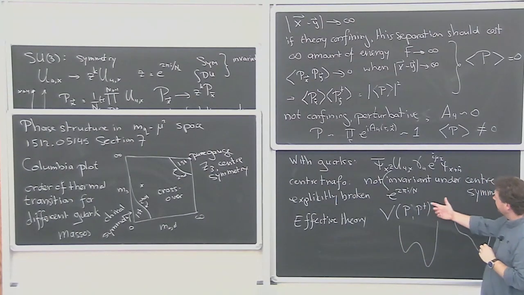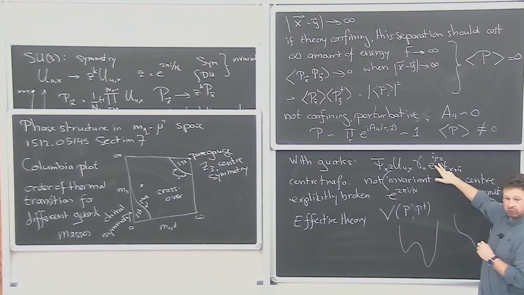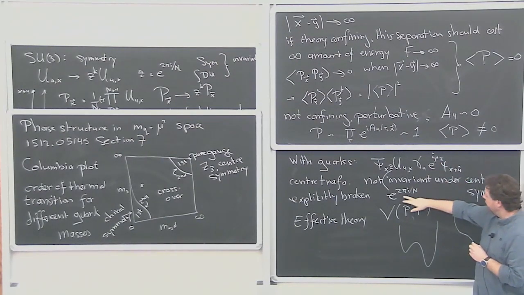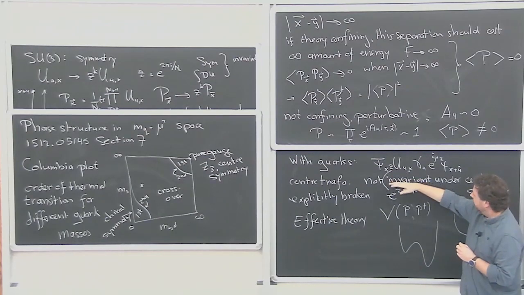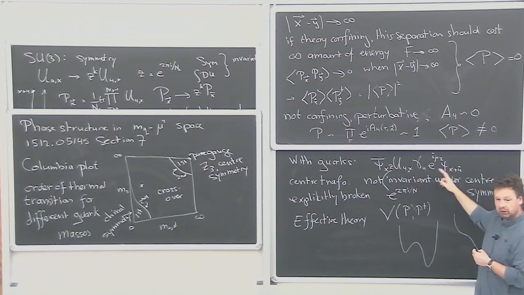You can see that this phase goes as exponential times 2 pi over n, and the chemical potential appears like this. So you can already see that the phase picked up by the center transformation can be compensated by, or absorbed in, the chemical potential, provided it is imaginary. They appear in exactly the same way.